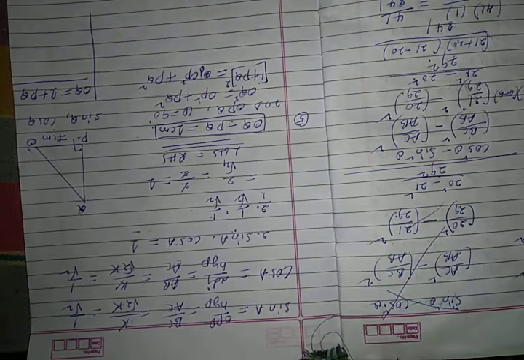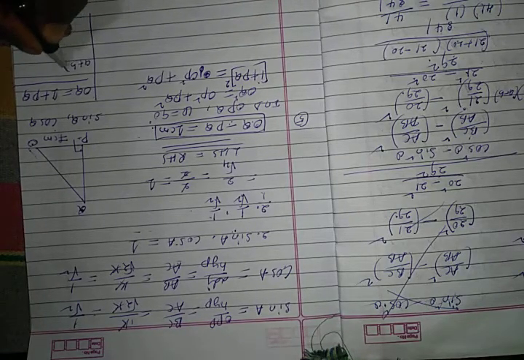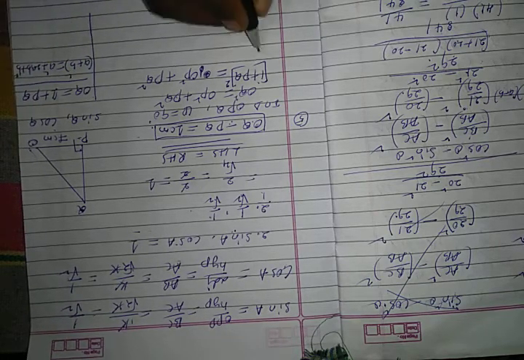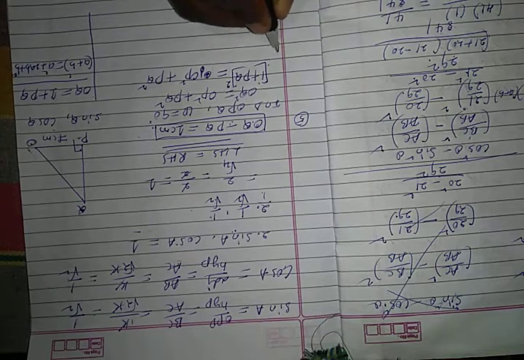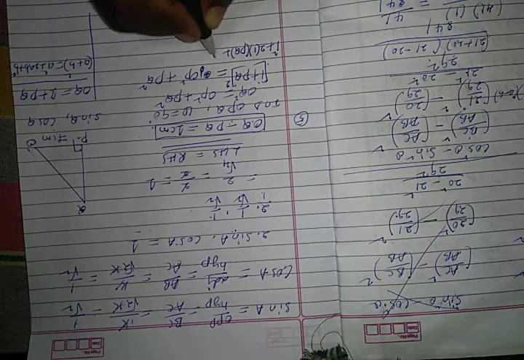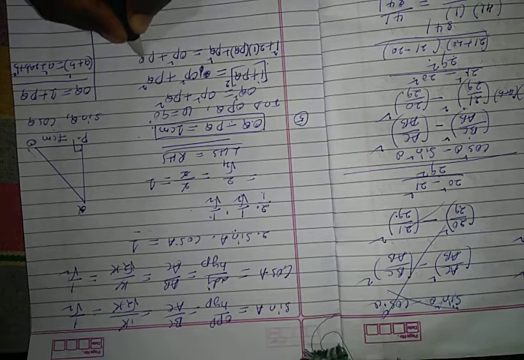Let us write OP square as it is, and PQ square is also as it is. Let us see, 1 plus PQ whole square is in the form of A plus B whole square. A plus B whole square is equal to A square plus 2AB plus B square. So 1 square plus 2 into 1 into PQ plus PQ square is equal to OP square plus PQ square.